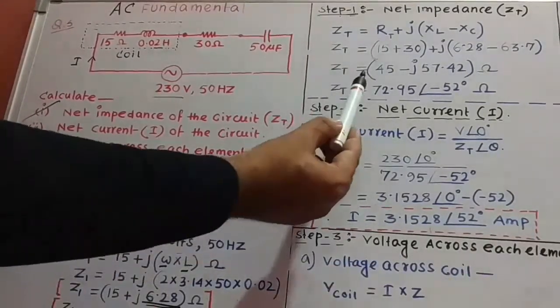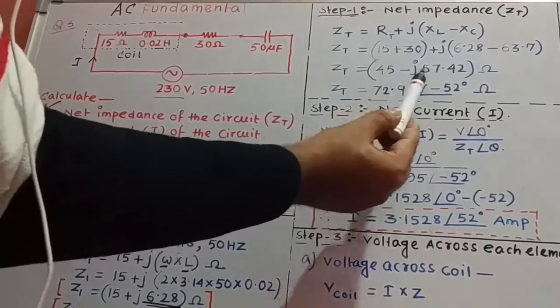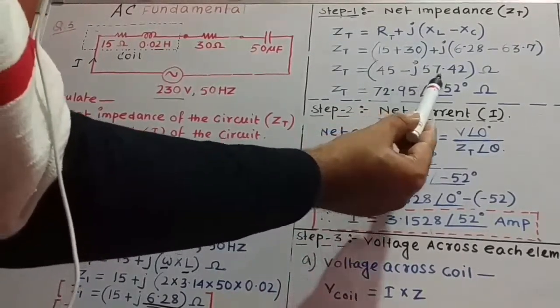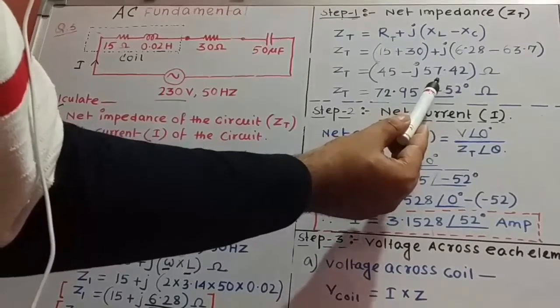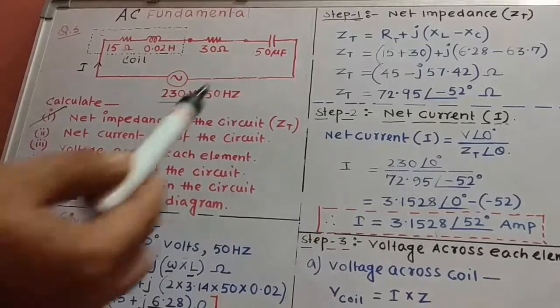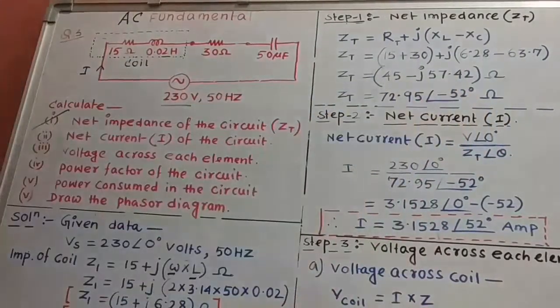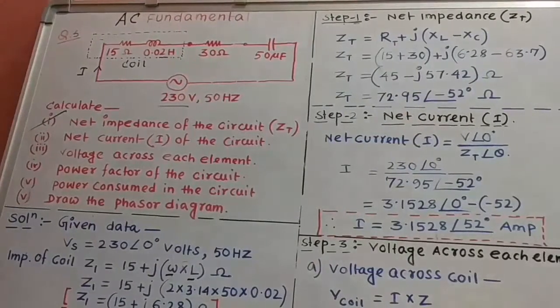Obviously we can see from the impedance that it contains capacitive element much higher than inductive element, so the circuit will behave like a capacitive circuit.